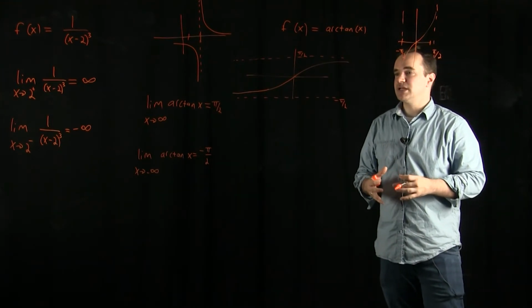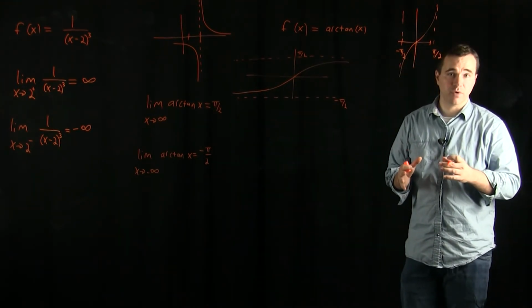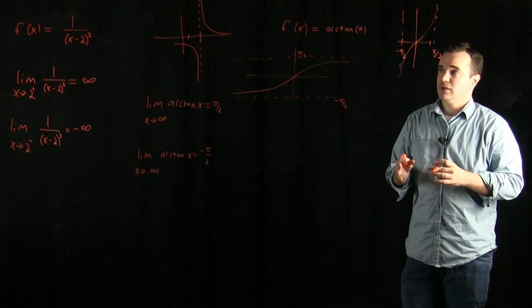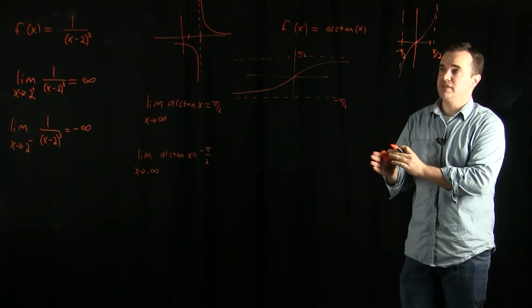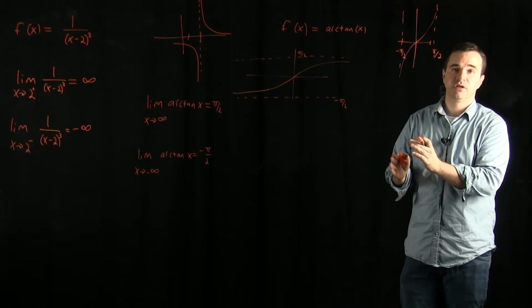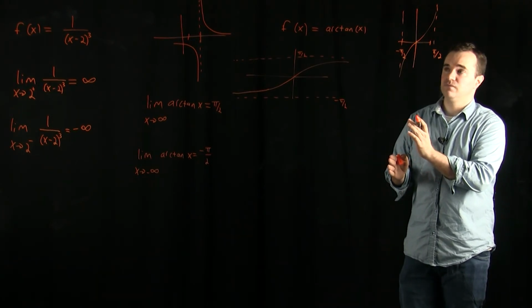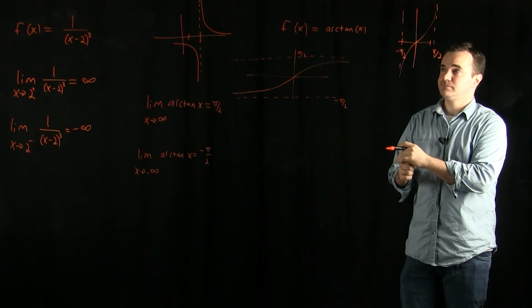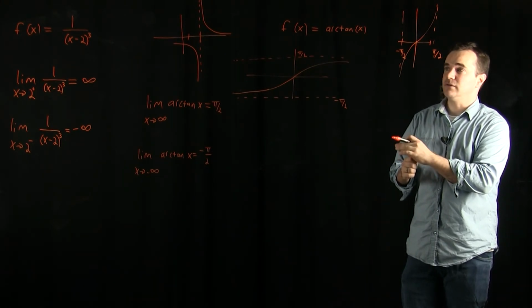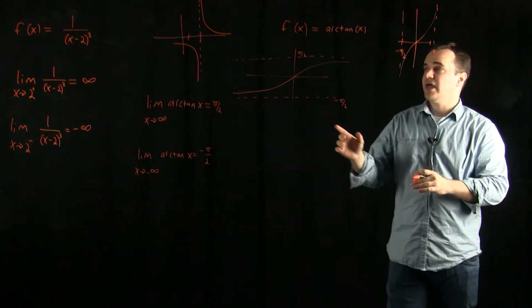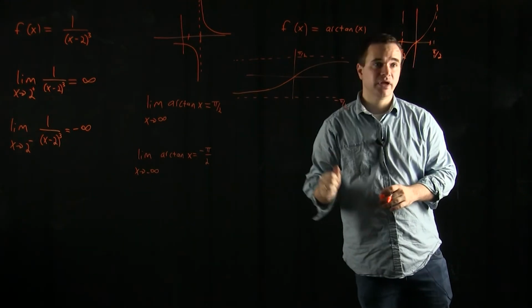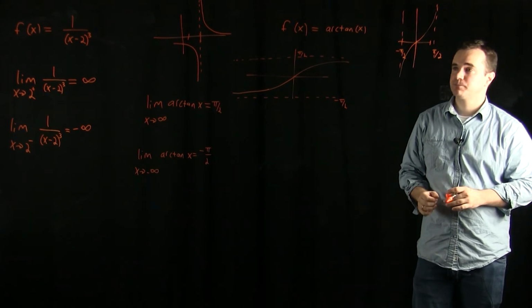So the way you can conceptualize it, the way you can keep it straight in your mind, is these limits equaling infinity or negative infinity, that's going to have to do with a vertical asymptote. And a limit's going to be equal to plus or minus infinity when x is going to a, and a is the location of that vertical asymptote.